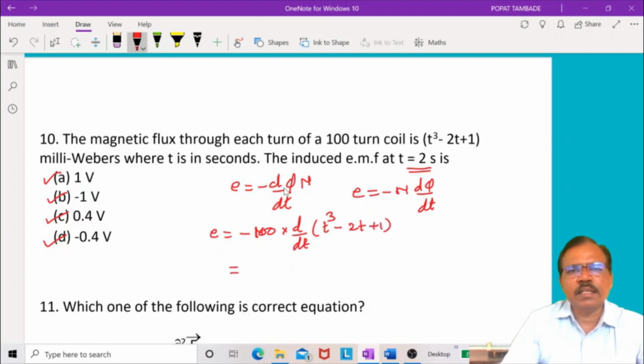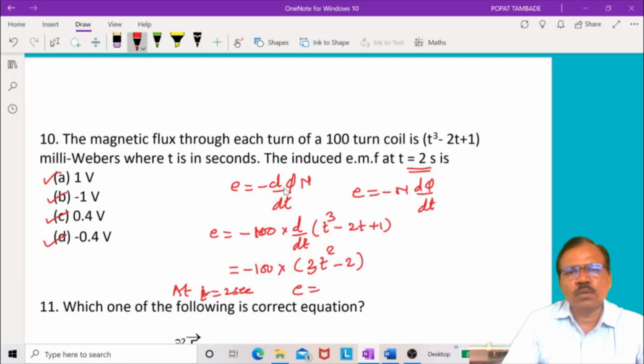So we get minus 100 into the derivative of this, that is 3t square minus 2. Now we have to find it at t equal to 2 seconds.